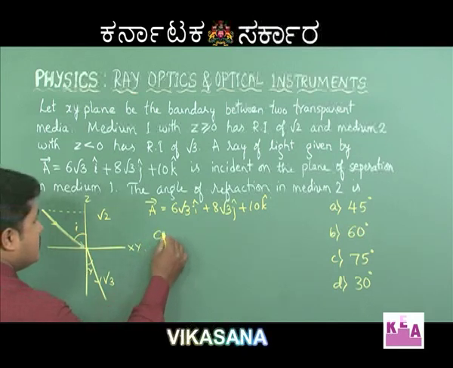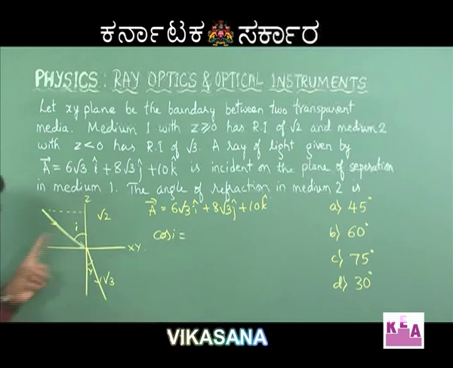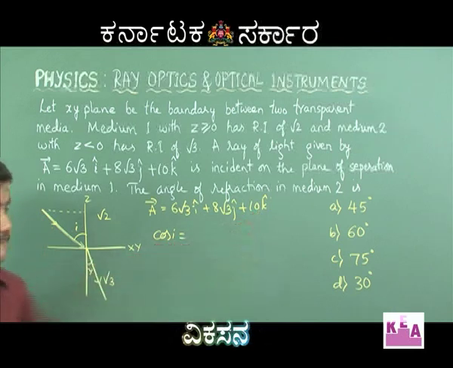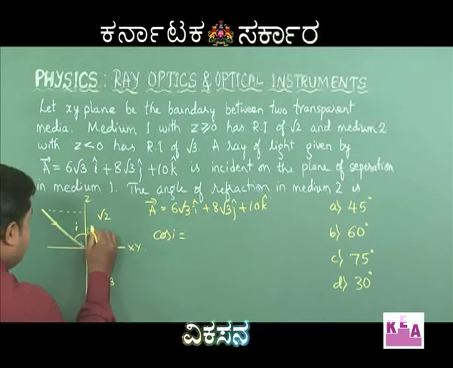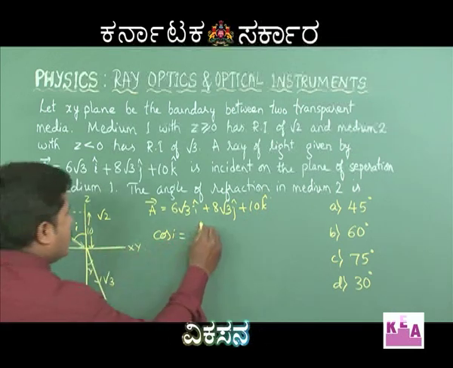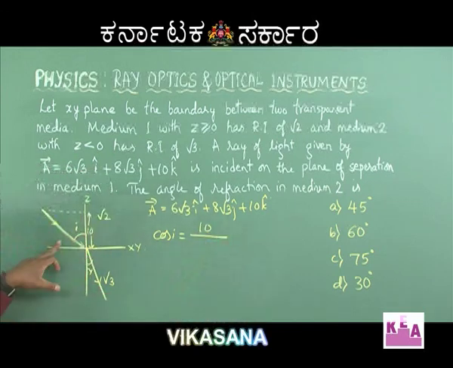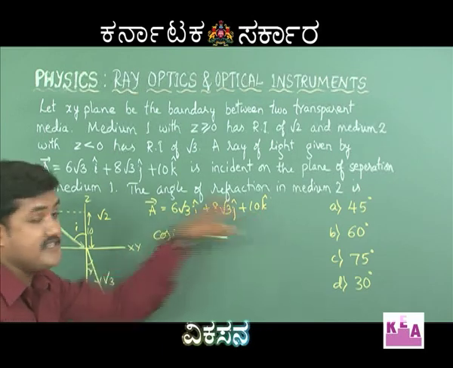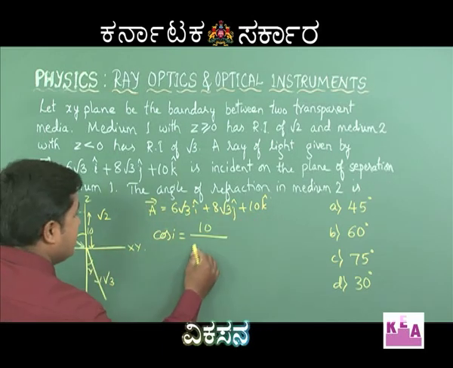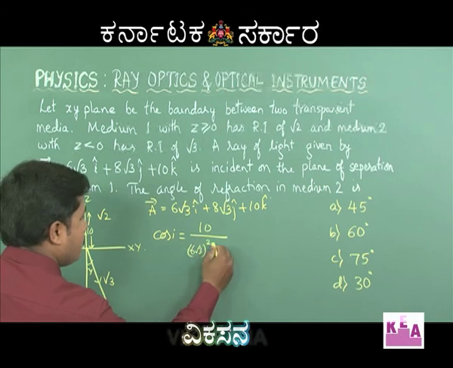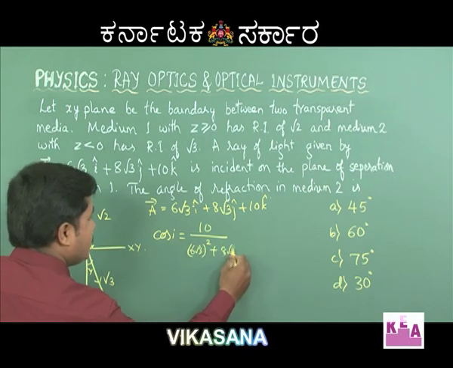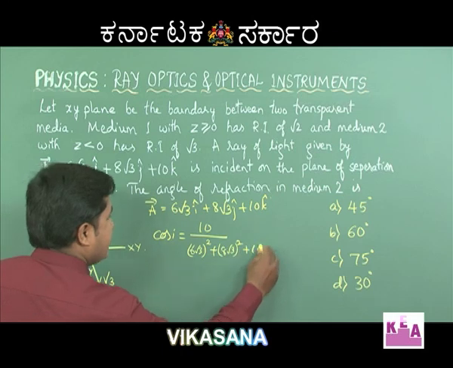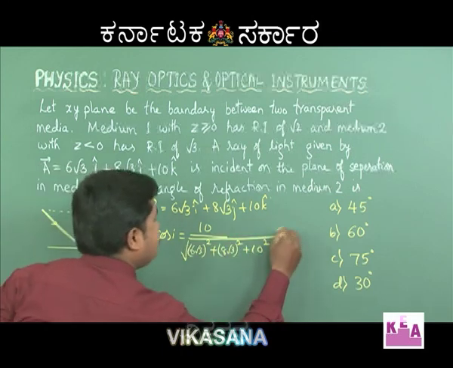Let me work it out. Cos i is, what is adjacent? The z component of vector A is 10. This is 10 from here to here. So 10 divided by the hypotenuse, that is the magnitude of this vector. As you all know how to find magnitude, the square root of the sum of the squares of these coefficients: 6√3 squared plus 8√3 squared plus 10 squared, under root.